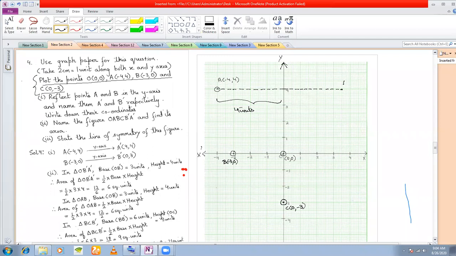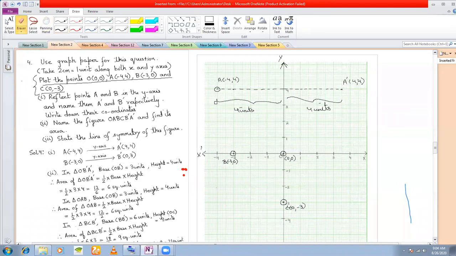So this point will become my A dashed, (4, 4). So this is the image of A in the y-axis, and obviously this distance is also 4 units.